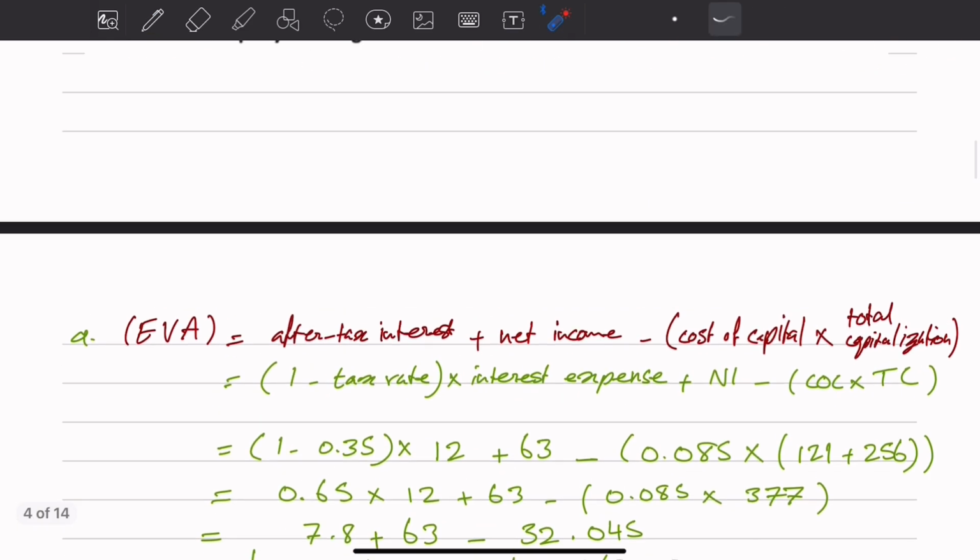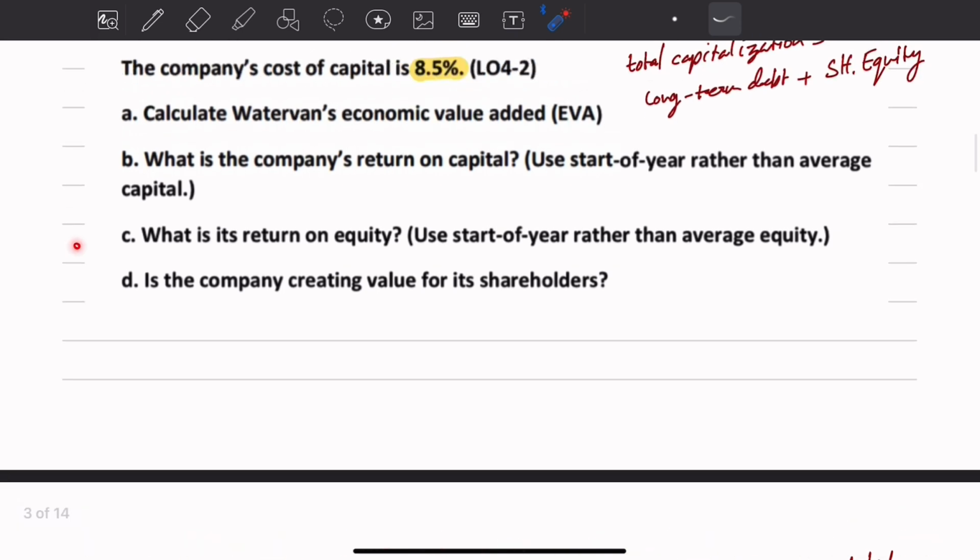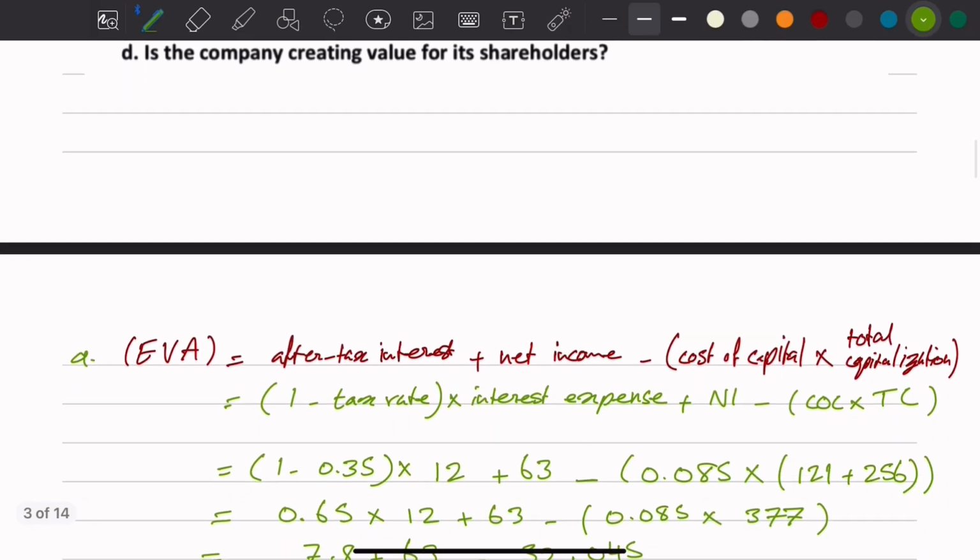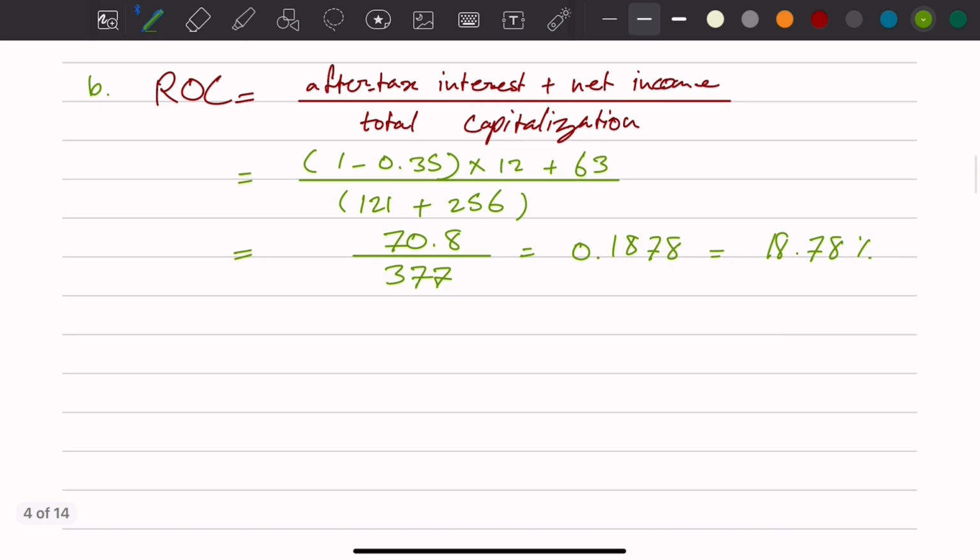Now let's go back and see the other requirements. Part C says, what is the return on equity? Okay, and it says use the start of year rather than the average equity. Okay, so here we'll write part C. Now for the return on equity, quickly remind you of the formula.